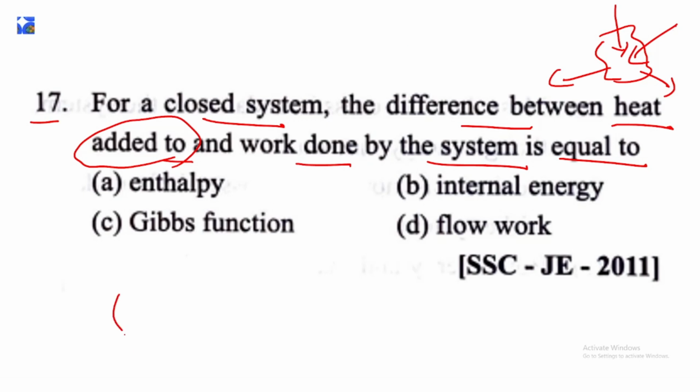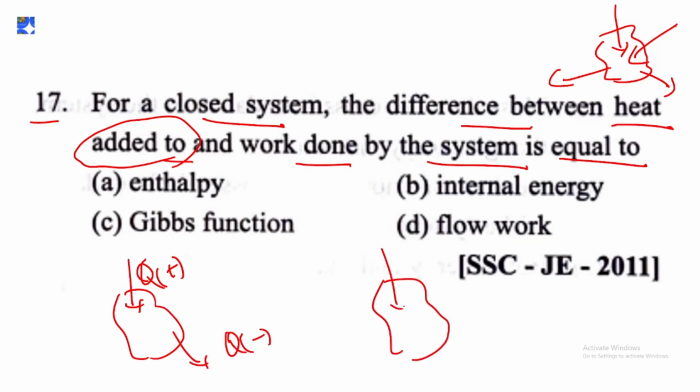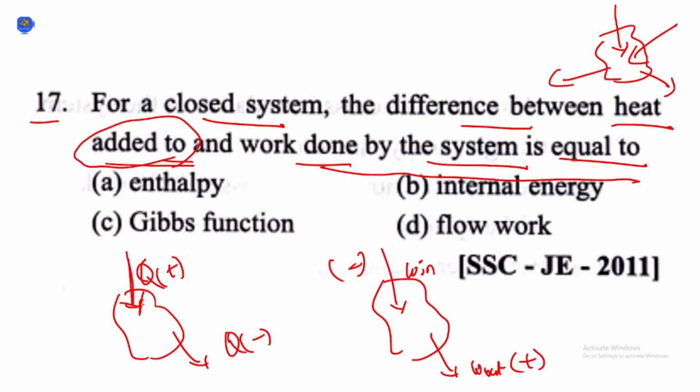If a system receives heat, it is positive; if there is heat loss, it is negative. Similarly, work done on the system is negative, and work done by the system is positive. So we have to be careful with these words: work done by the system and heat added to.